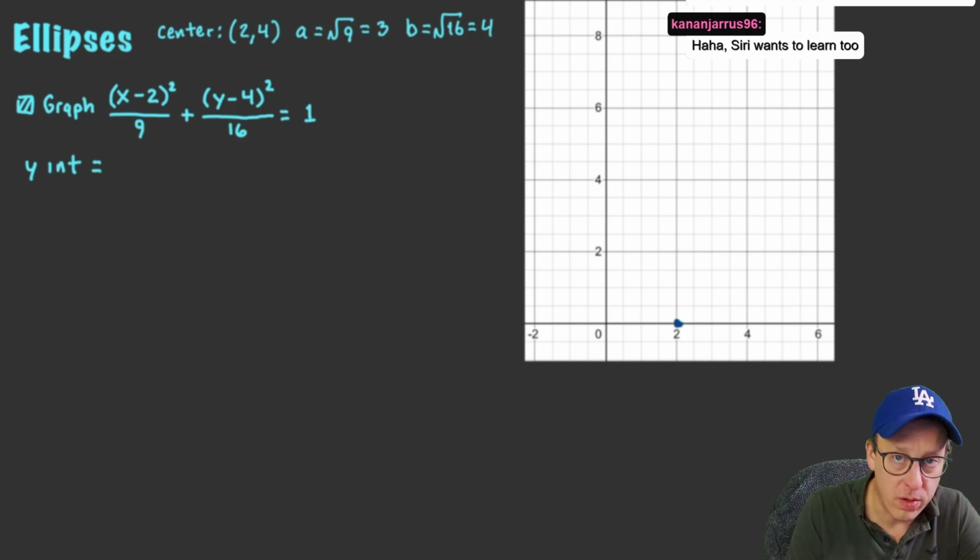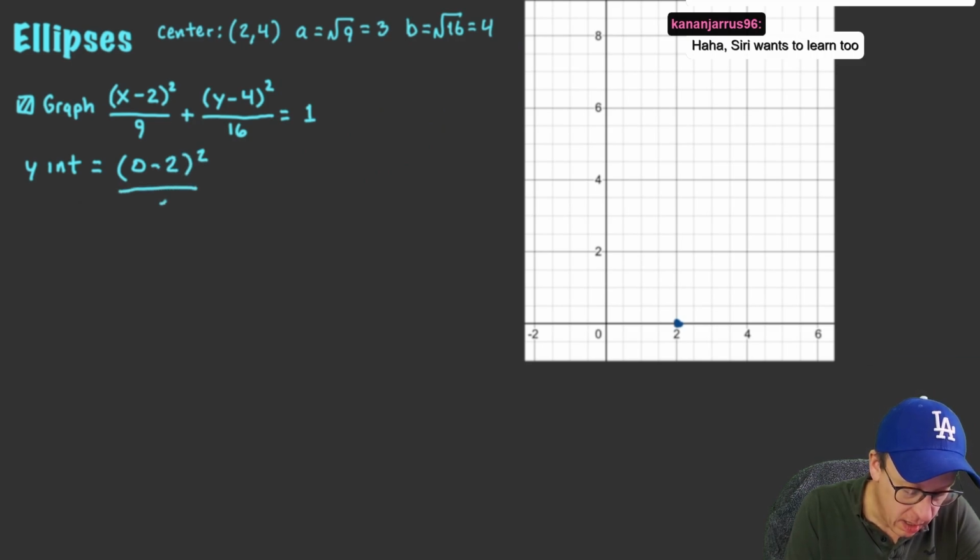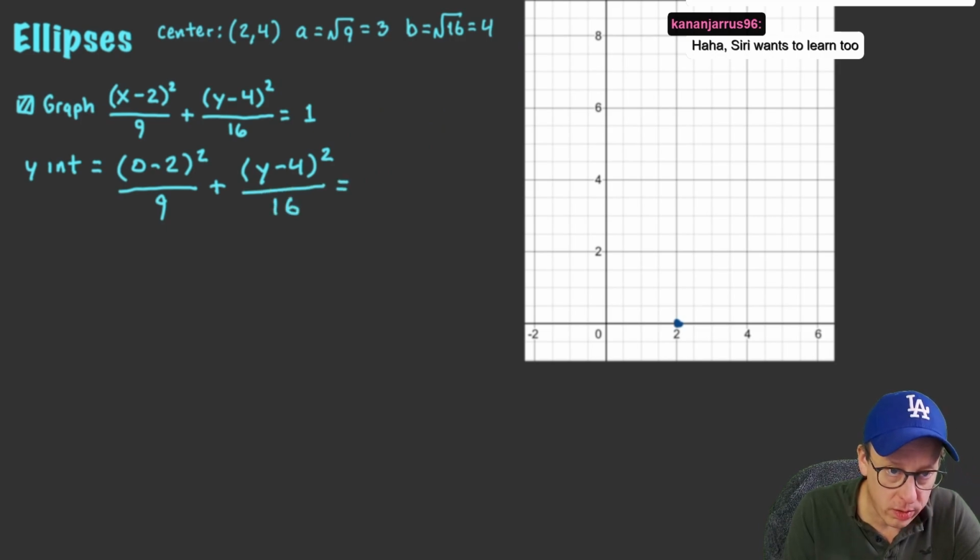The y-intercept is going to be 0. Just put a value of 0 in for x, divided by 9, plus (y minus 4) squared over 16 is equal to 1.